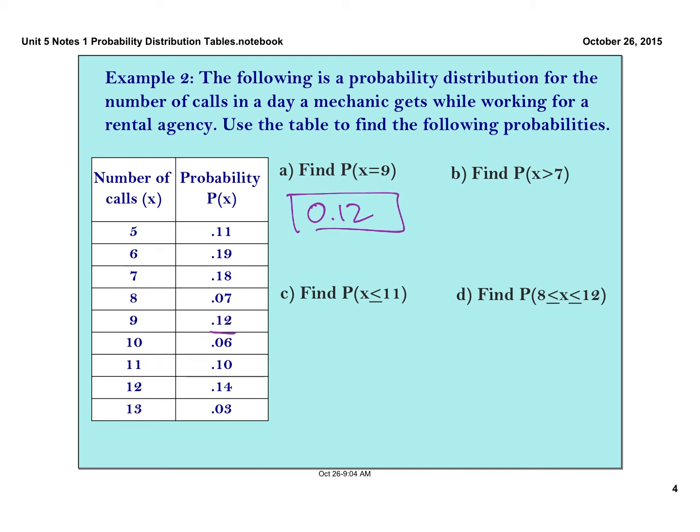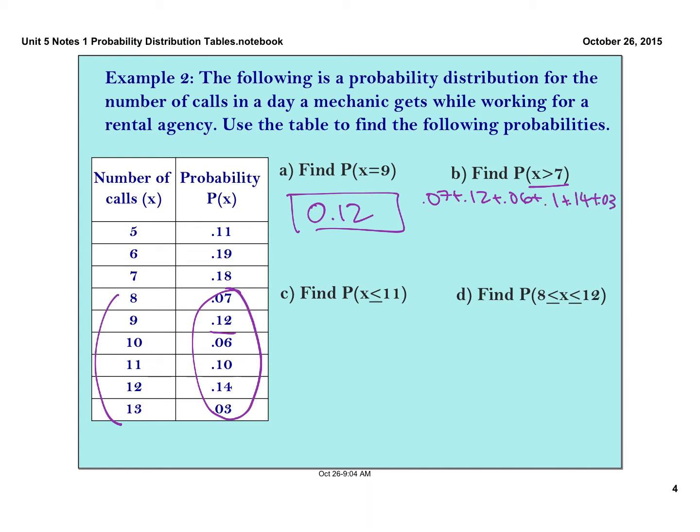Probability of x being greater than 7. X being greater than 7 means I'm not including 7, but I want everything bigger than it. So I need all of these, and I add them all up. 0.07 plus 0.12 plus 0.06 plus 0.1 plus 0.14 plus 0.03.